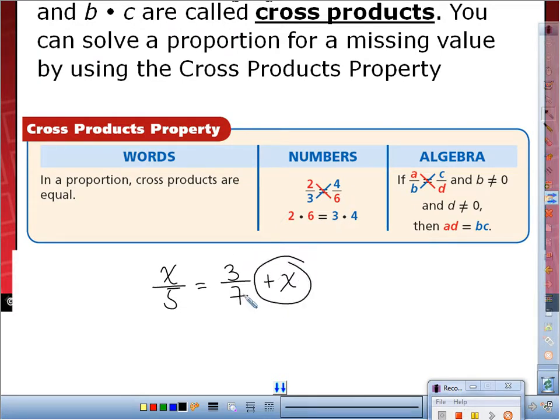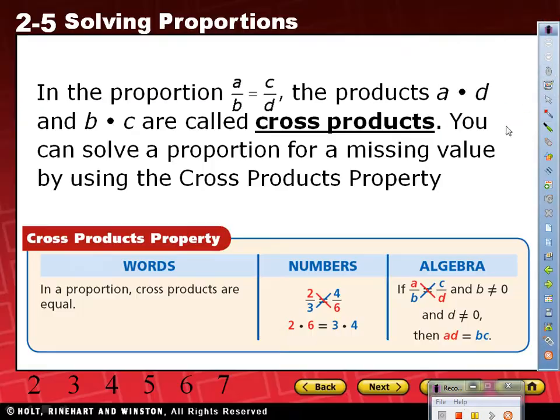Here you have something being added to this fraction. Therefore, it won't work. Everybody with me? However, do we know how to get rid of denominators in an equation? Yeah. What is our LCD? So we multiply the entire equation by 35, and that's how we work without the denominator. Okay, remember that? All right, let's continue.